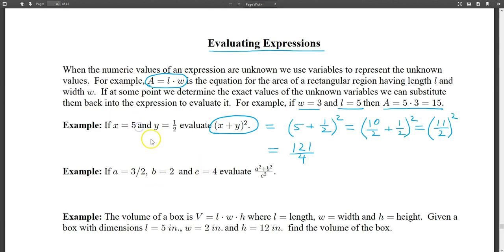Another example here. If you're given this expression, a squared plus b squared divided by c squared, and we know that a is 3/2, b is 2, and c is 4, we can just substitute them in and obtain the value of our expression for those particular variable values.